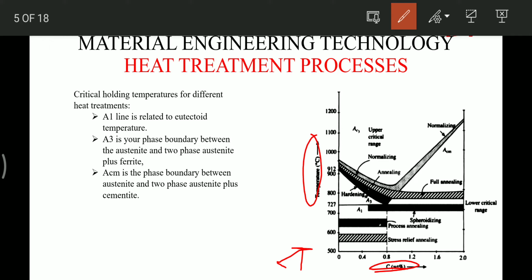For the critical holding temperatures for different heat treatments, we can see that this is the A1 line for the eutectoid temperature. As I have told you friends, before this line the steels are called hypoeutectoid steels, and after this line, from 0.76 percent carbon to 2 percent, they are called hypereutectoid steels.